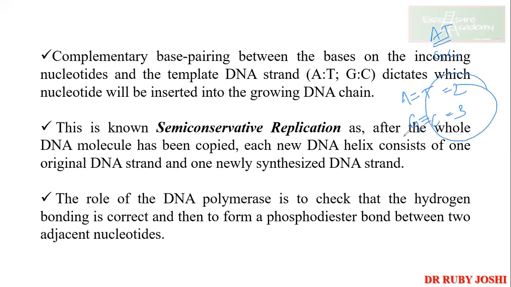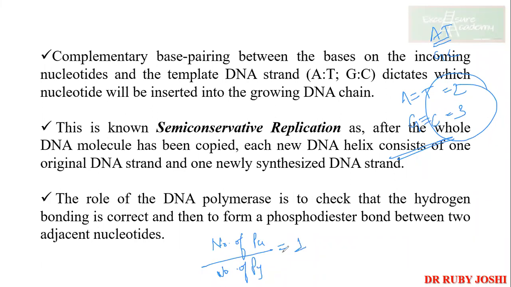Now, based on this concept, Chargaff's rule, you should know that the number of purines divided by the number of pyrimidines should be how much? 1. Close to 1, ma'am.